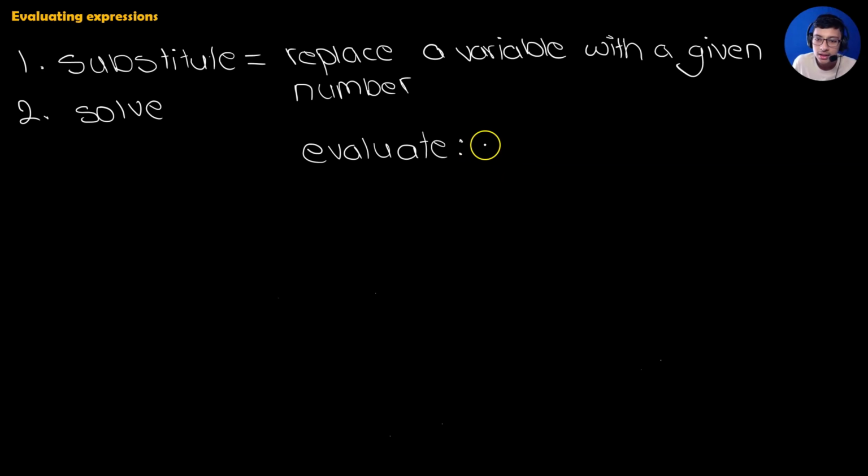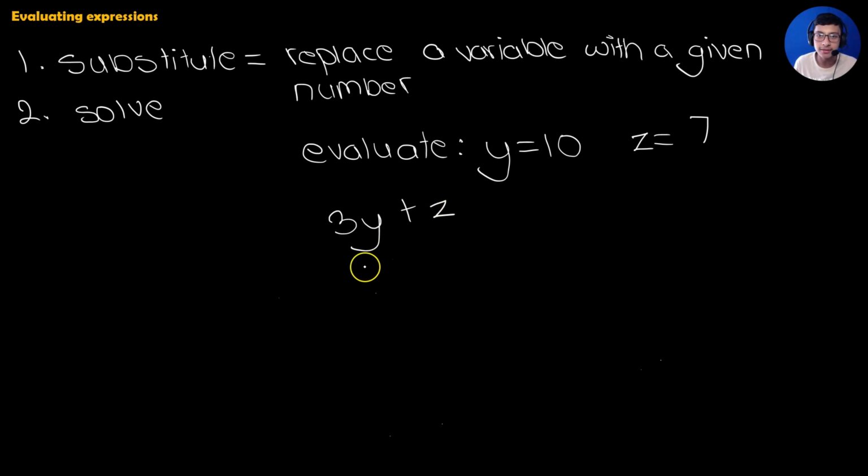Now let's try a few more, just a bit harder ones. Evaluate if y equals 10 and if z equals 7. 3y plus z. Remember from our last one, if a number and a variable are together, it means times.